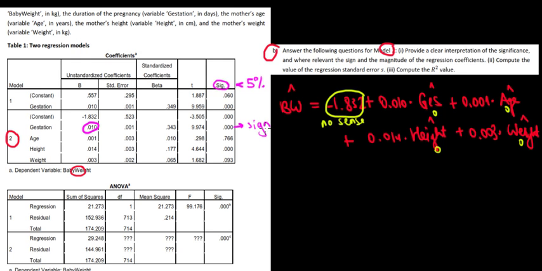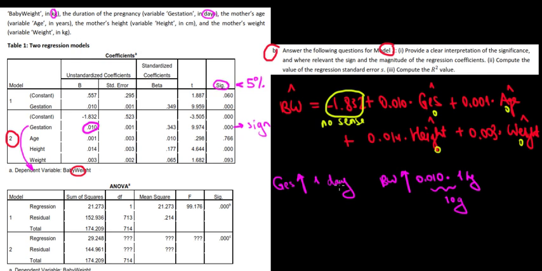How do we interpret this significant effect? Well, by taking the relationship between the effect of gestation on the birth weight. If gestation increases by 1 unit, and that unit is measured in days, so if gestation increases by 1 day, the birth weight of the child increases by 0.010 times 1 unit, which is the kilogram in this case, because we can see the birth weight is measured in kilograms, which is the same as 10 grams.